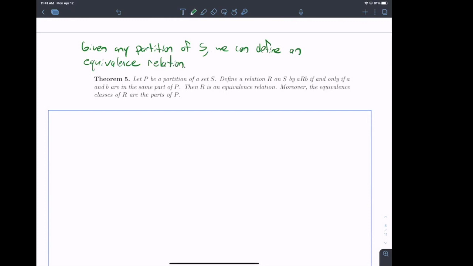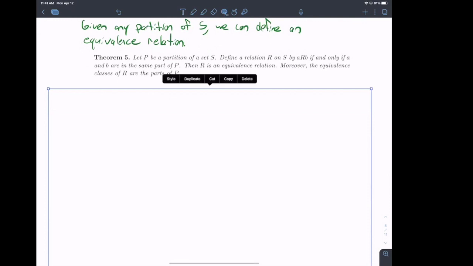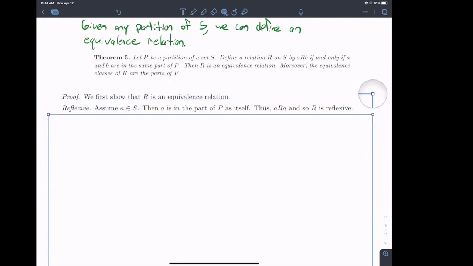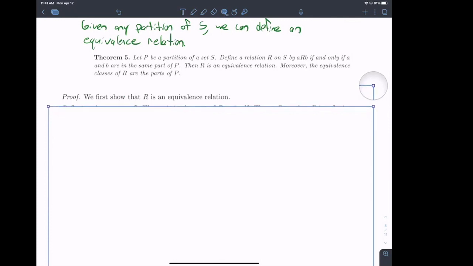We said any equivalence relation gives us a partition. Now we're going to say any partition, we can define an equivalence relation. So we need to show that it's going to satisfy reflexive, symmetric, and transitive properties. First we'll show it's an equivalence relation, and then we'll worry about the equivalence classes being the parts.